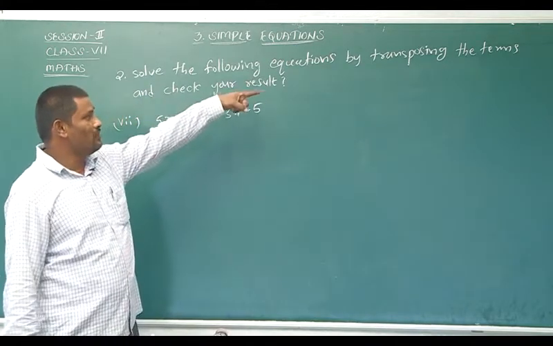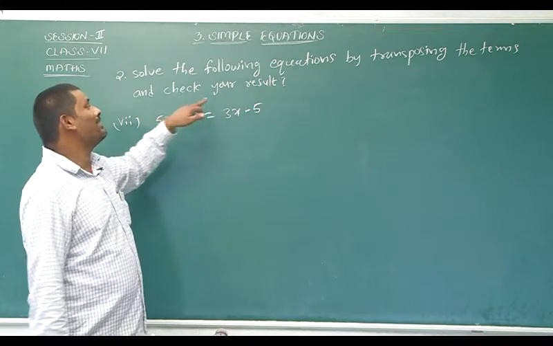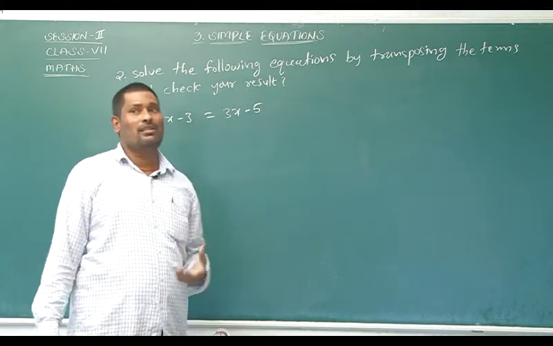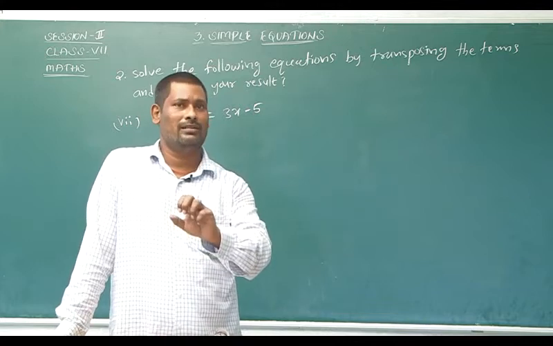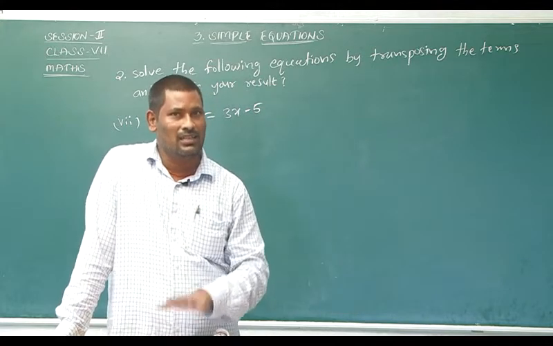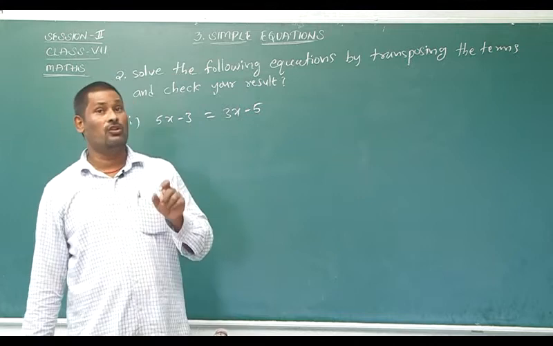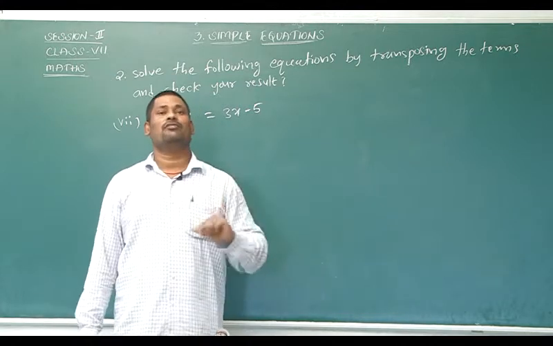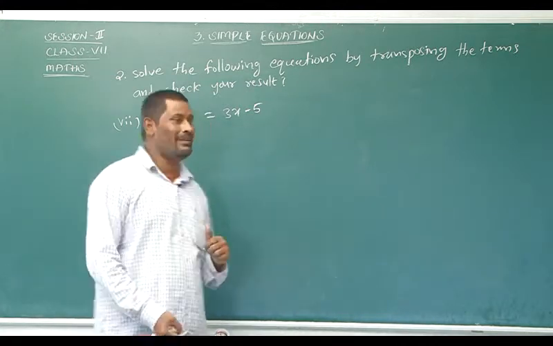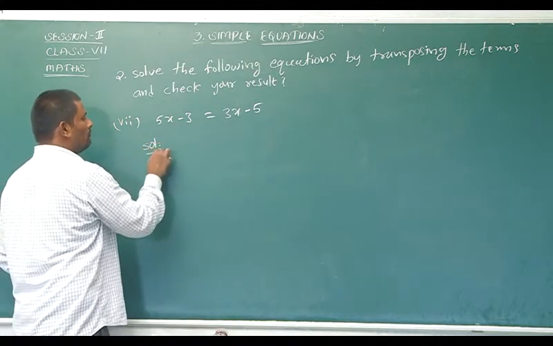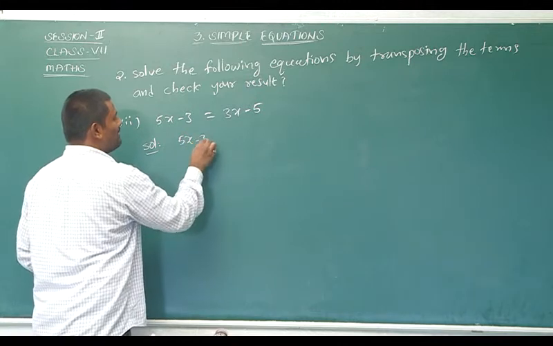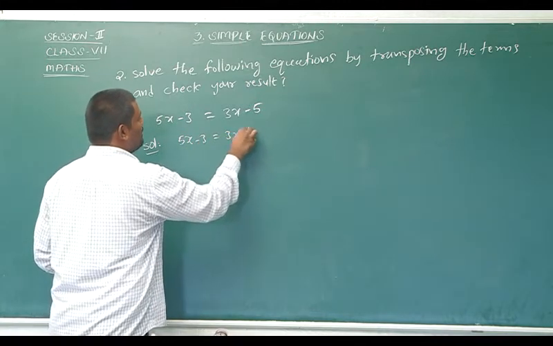Solve the following equations by transposing the terms and check your result. In the previous problem we added and multiplied the same quantities on both sides. Now we want to use the transposing method, as he said clearly in the problem. Look here, now the solution. 5x minus 3 equal to 3x minus 5 is given to us.